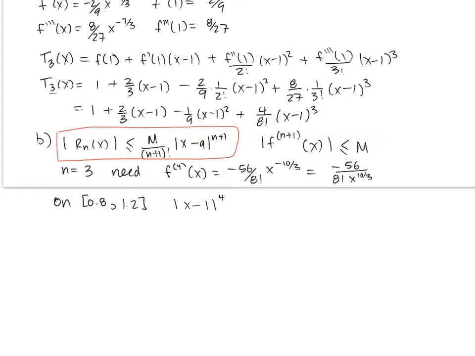Okay, so here's a little side work: 0.8 is less than x, which is less than 1.2, right? I want to know something involving x minus 1. How could I change this inequality so I have x minus 1?